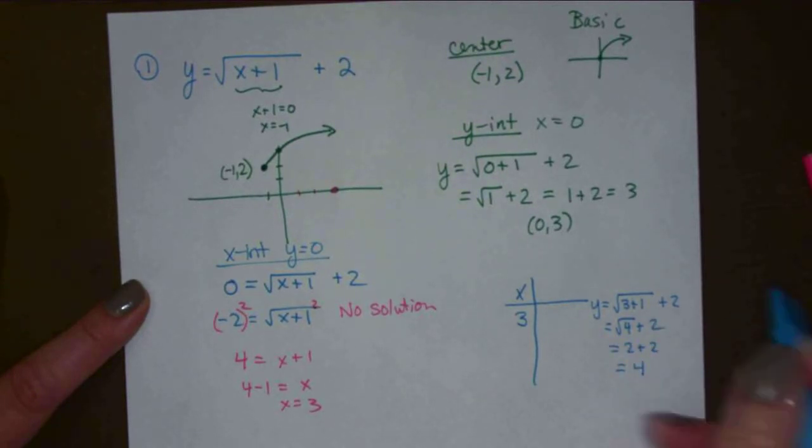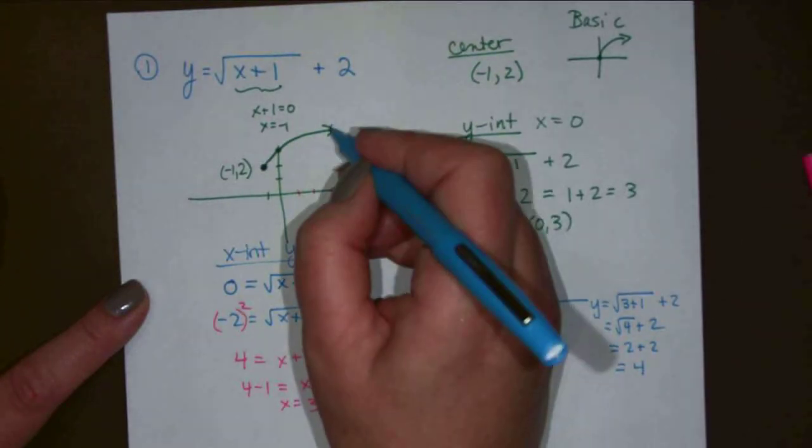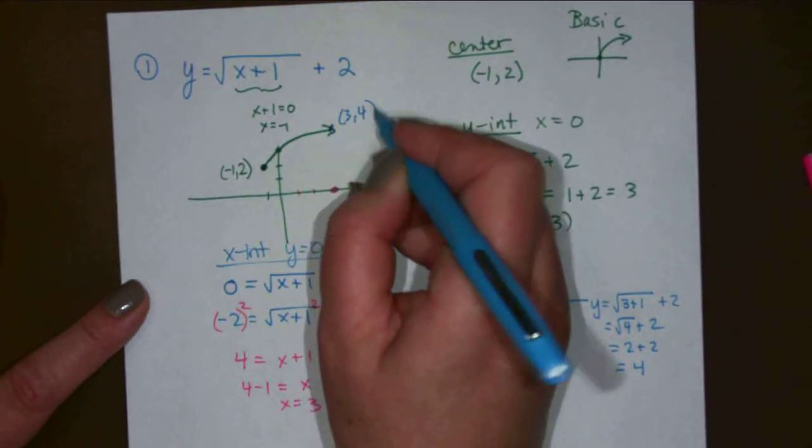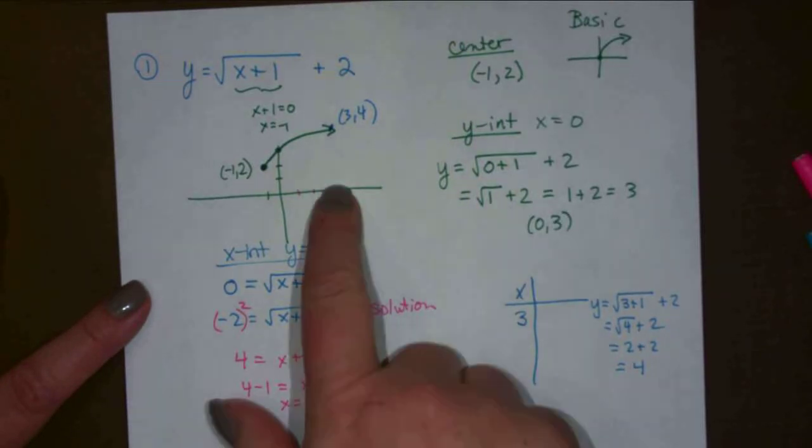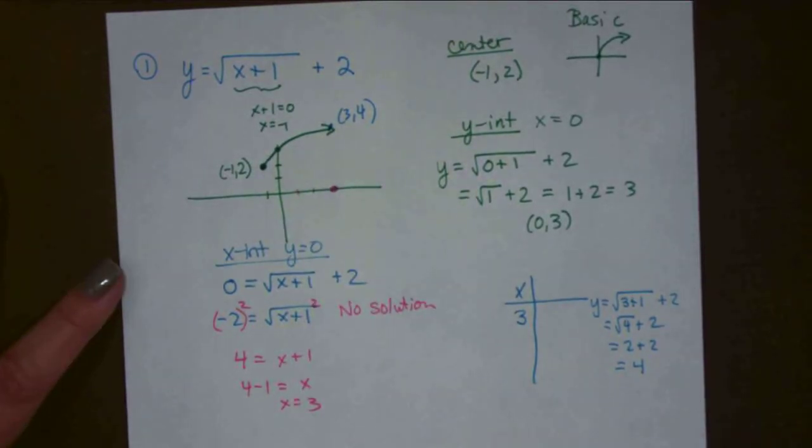Four. So there is a point on the graph with x equals 3, but it's up here at 4. It's not at 0. It's not an intercept. There is no point down here. Okay. Next example.